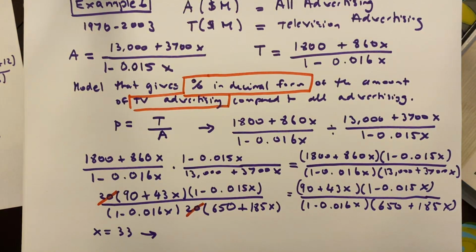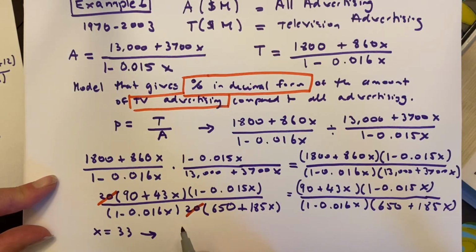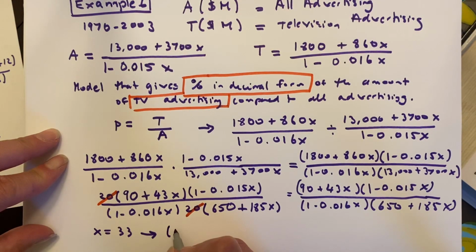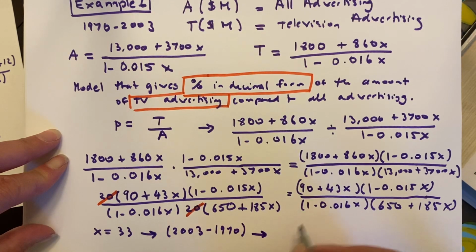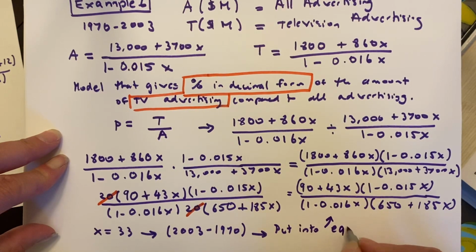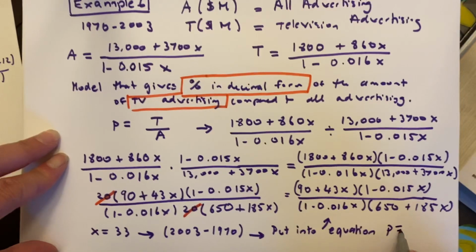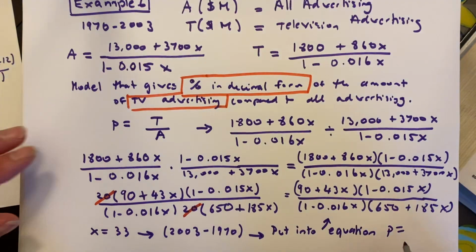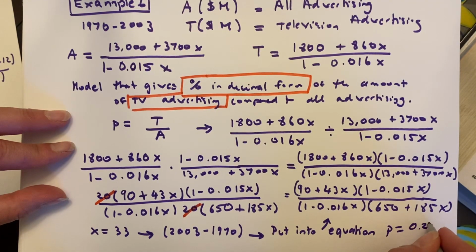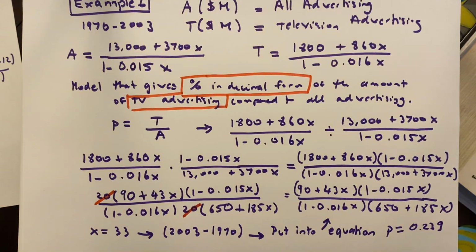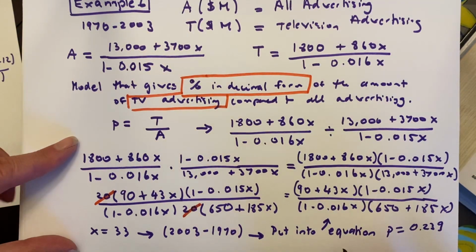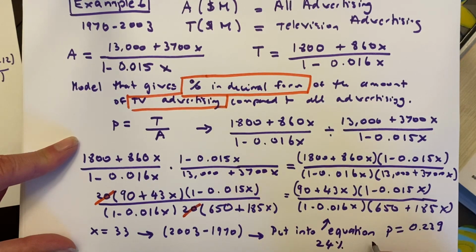When you substitute x equals 33 into this equation, you'll get a percentage, which is 0.239, and they said in decimal form, which means that about 24% of all advertising was TV advertising.